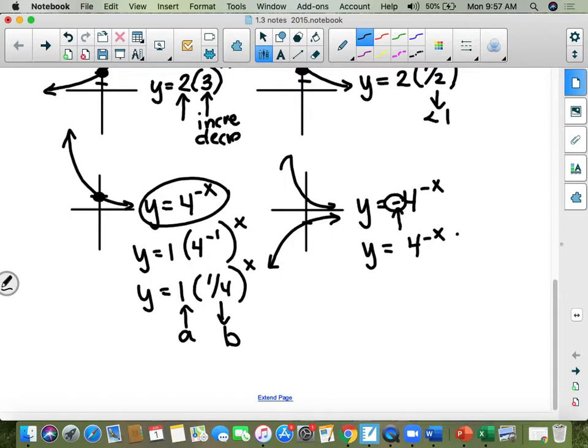I would probably graph the original and worry about the negative sign afterwards and flip it. So again, this chapter is all review. I should go a little bit faster in this chapter because you had this in Algebra 2, you had this in college algebra, this is nothing new to you.